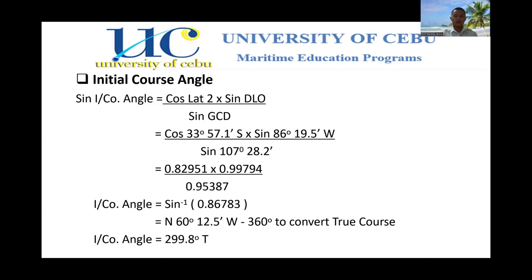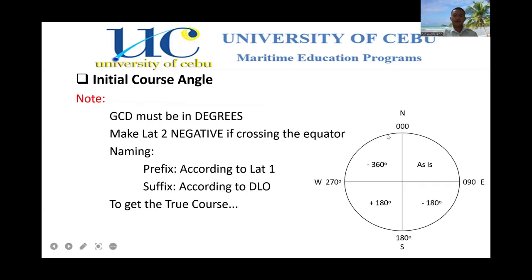In order for us to get the initial true course, we have here the diagram with the four quadrants. If in northeast direction, we maintain it as is. If in southeast direction, we subtract 180. In southwest direction, we add 180.